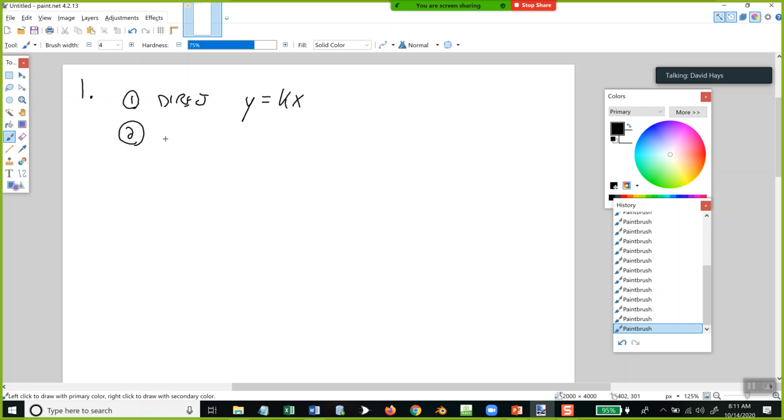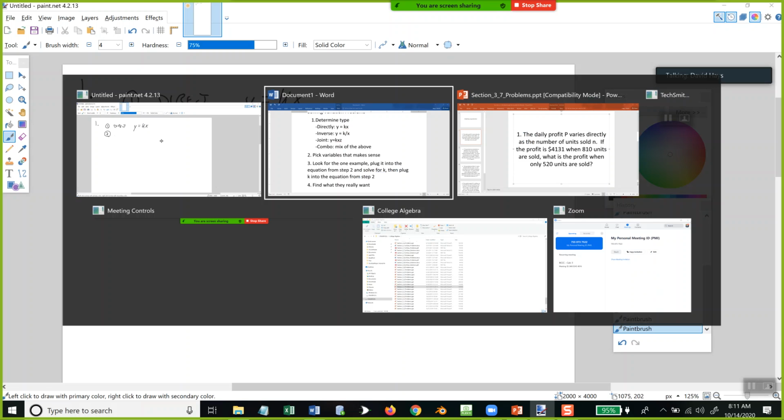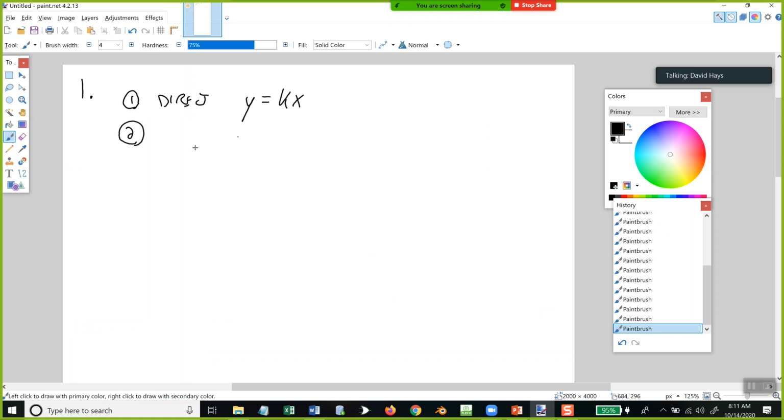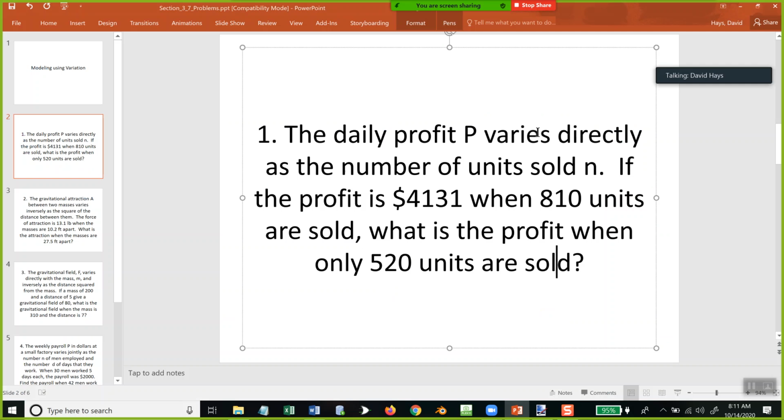Step 2 says to pick variables that make sense. Now, where the varies is, that's where your equals goes. So this says P equals k. K never changes. Varies directly as the number of units sold n. So kn.